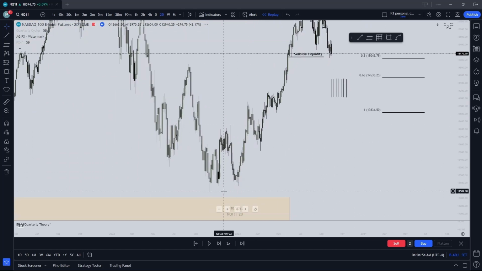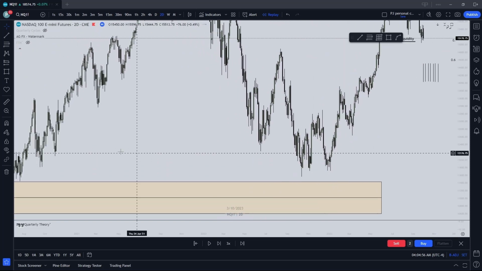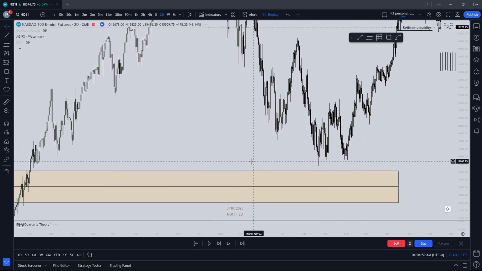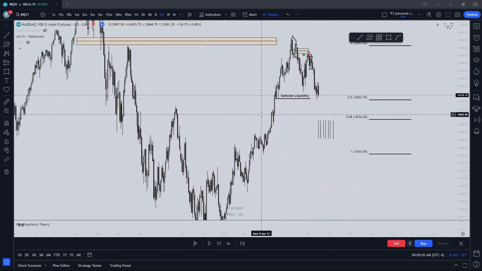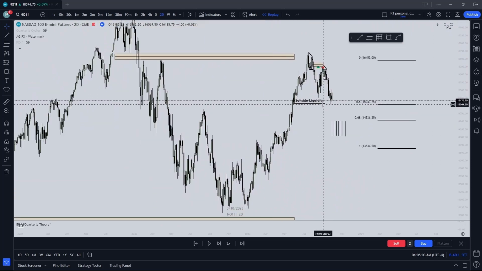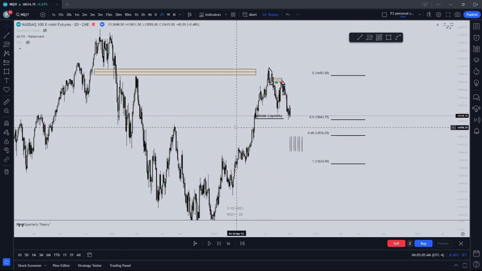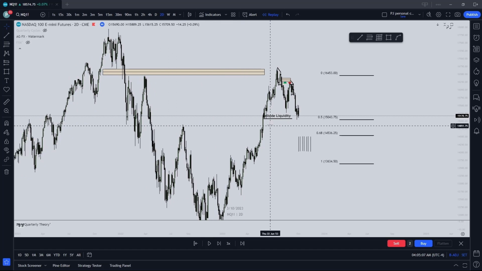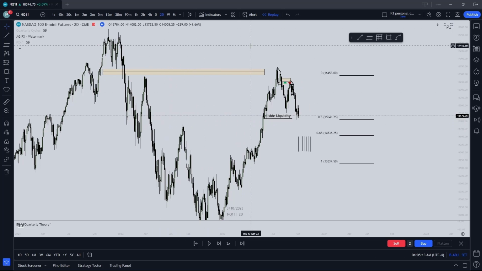So we started reacting very bullishly as soon as we swept the sell side level. Alright. We also created a breaker here and left this gap open. Alright.